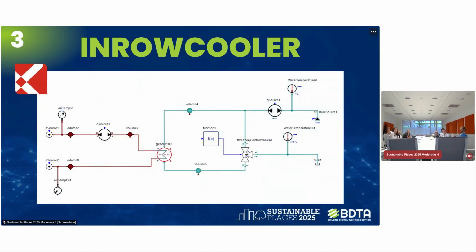And on the other side you have the water part with different sensors on both sides, but that is just to get information for us. And here a 3-way control valve provides a bypass, and you can configure the valve to decide how much water is in the main circuit and how much is in the bypass.